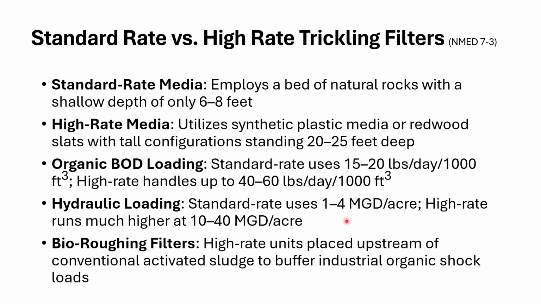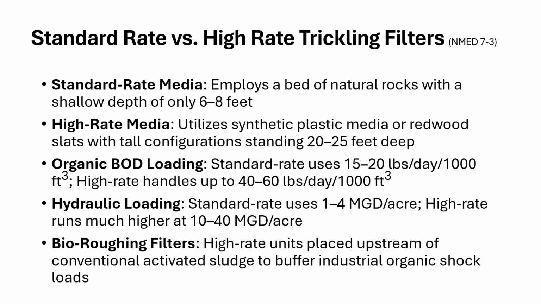And for the high rate, you're looking at treating a hydraulic flow of 10 to 40 million gallons per day per acre of filter surface. And again, I'm going to stress this, the bioroughing filters are high rate units, and we place them upstream of an activated sludge process.